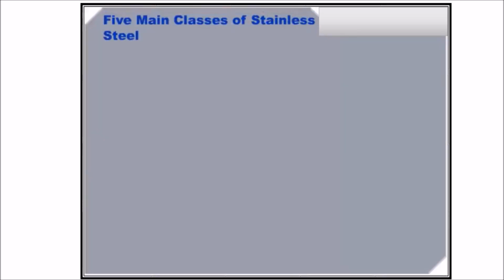The five main classes of stainless steels are ferritic, martensitic, austenitic, precipitation hardening, and the duplex grades. The first three categories refer to the stable room temperature phase found in each class.